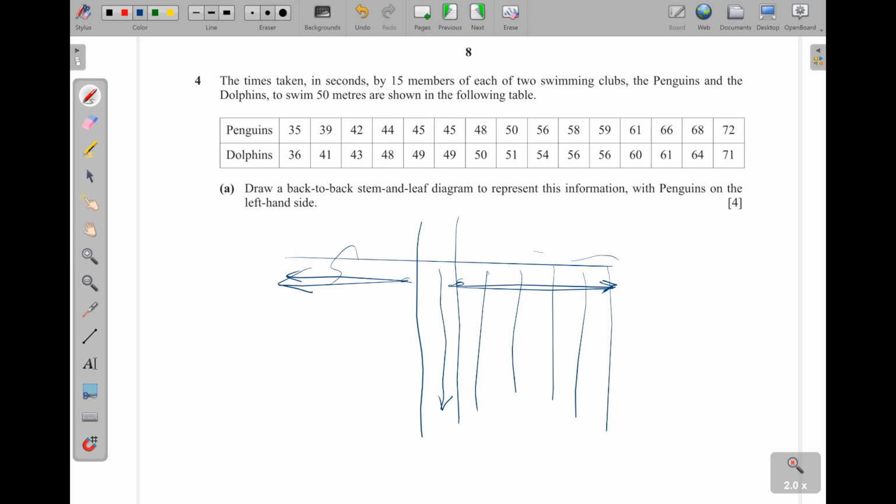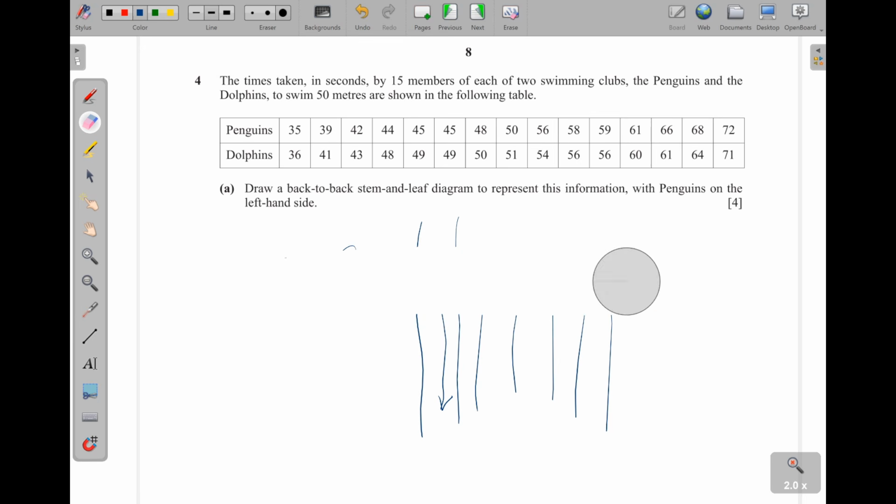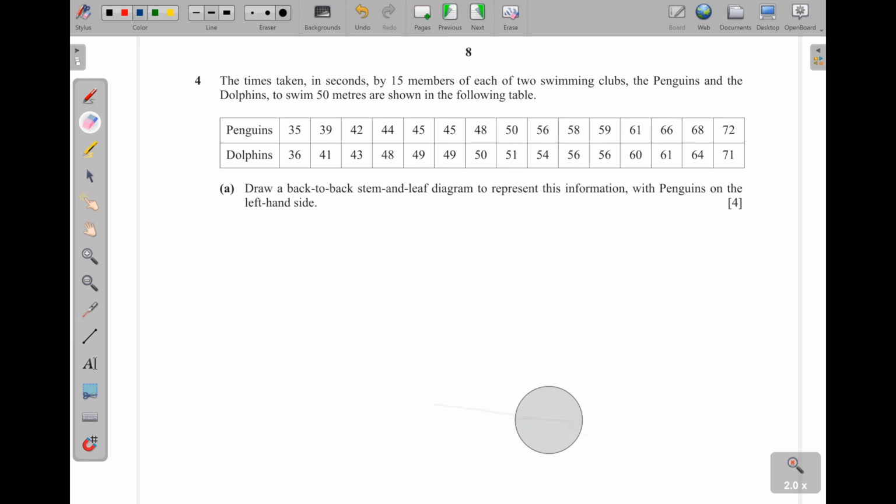And then we must also put a scale to represent the data. So the scale says it all. Because if we have, let's say, numbers which are decimals, we don't put the decimal points on the stem and leaf diagram. If they are big numbers in thousands, in hundreds, we can leave it out and just write two figures.